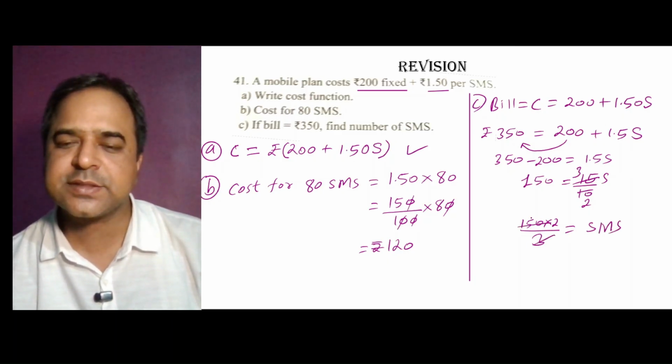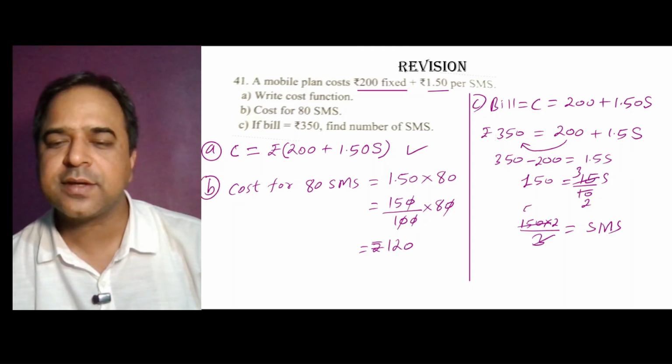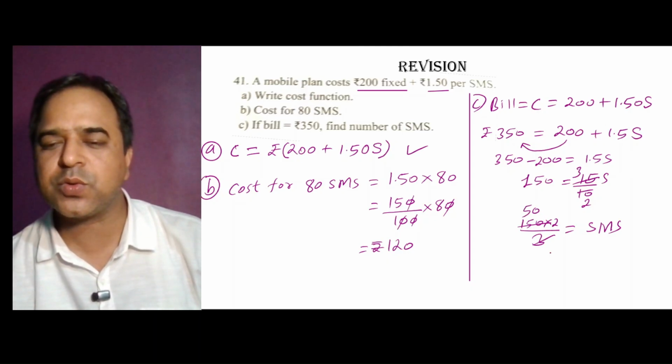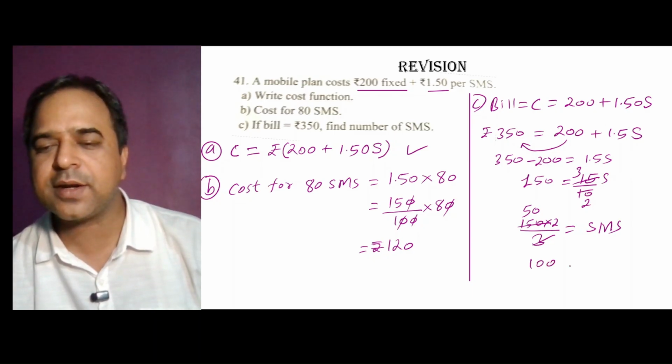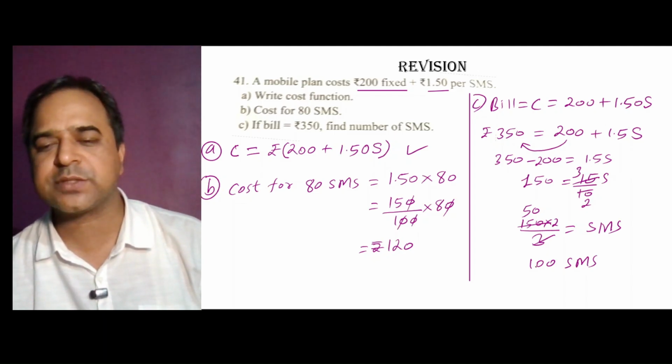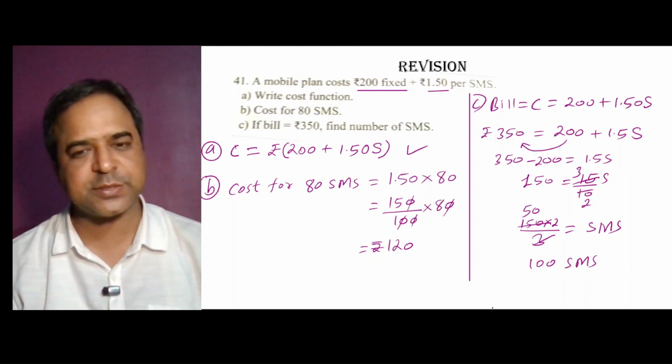You can cancel this. 3 5s are 15. Okay. So 50 into 2 will make it 100 SMS. Understood? Here we cancel this 150 with 3. You can say 50 times 3 is 150 and 50 into 2 is making it 100 SMS. Okay.